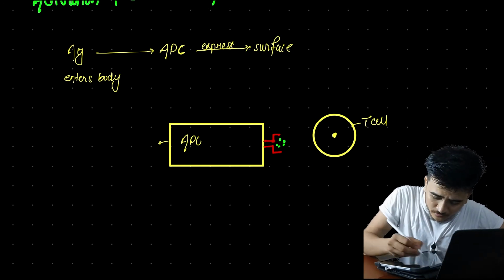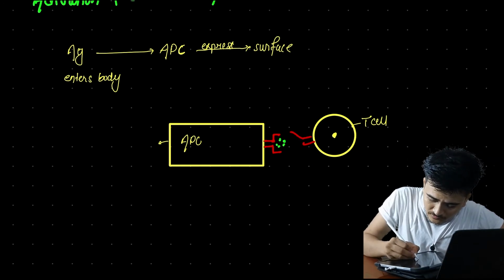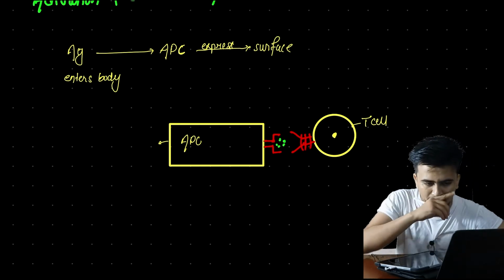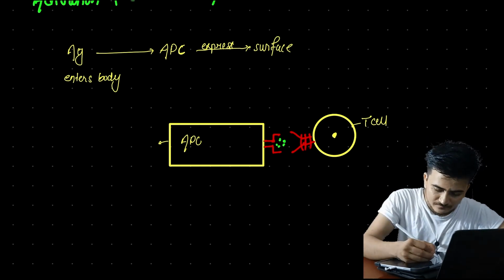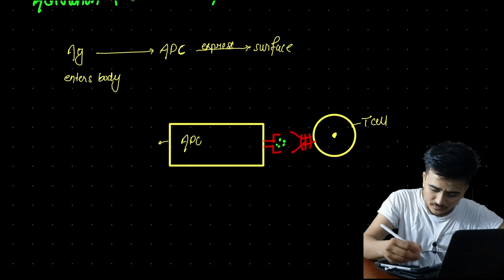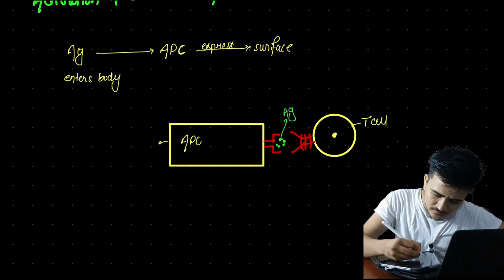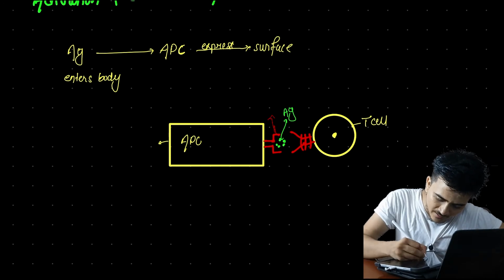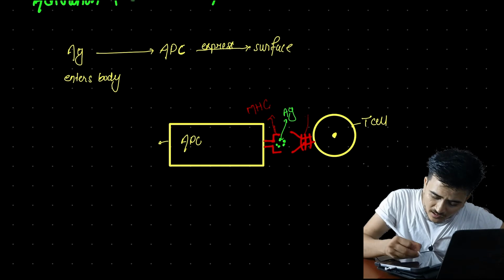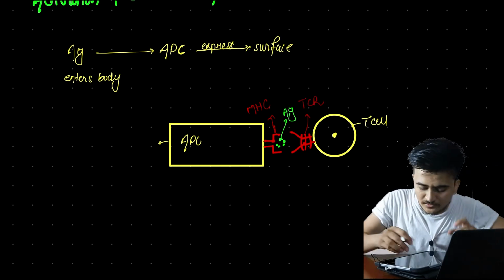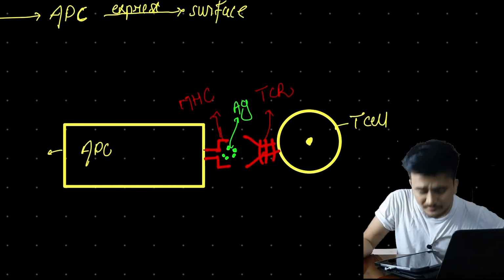These are presented also to the T cell receptors that we can see here, right? Let me write it down. These are antigens, these are MHC, and these are T cell receptors.